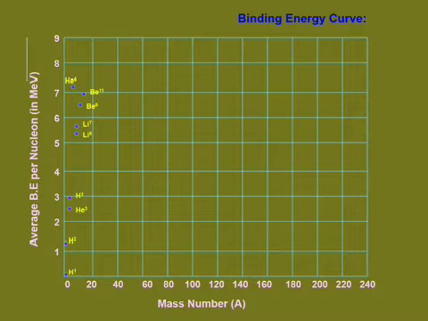Big elements are converted into smaller elements. Fission, from many smaller to bigger. Different elements combine to form a bigger element. This is a basic idea of fission and fusion. Again, we will learn this in detail in the further videos.